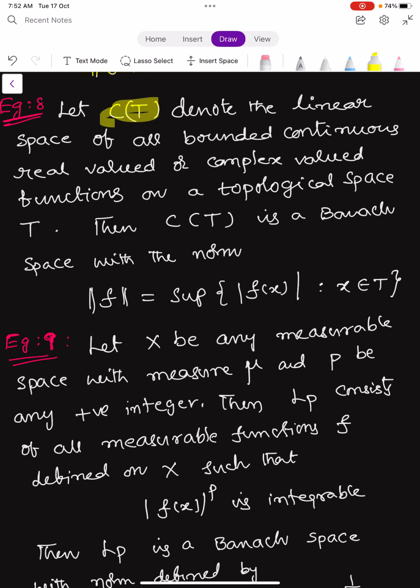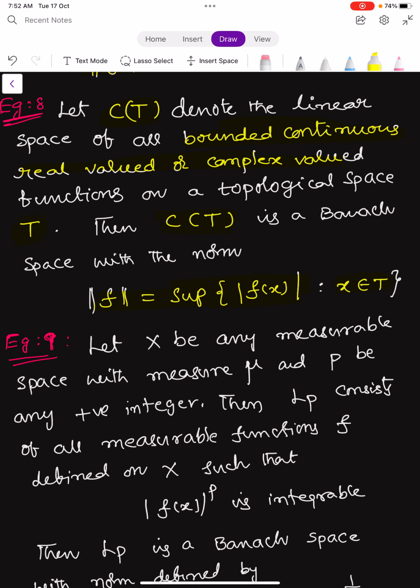C(T) denotes the linear space of all bounded continuous real valued or complex valued functions over a topological space T. Then C(T) is also a Banach space with the norm ||f|| = supremum of |f(x)| where x belongs to T. In examples number 6, 7 and 8, you observe the difference.